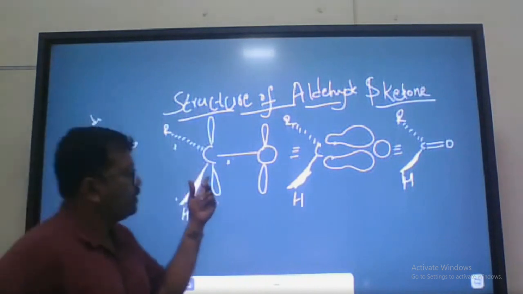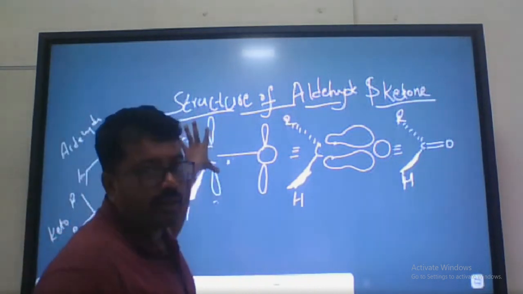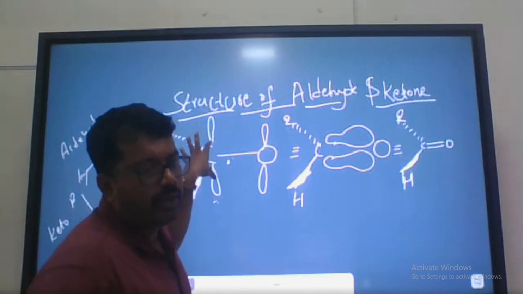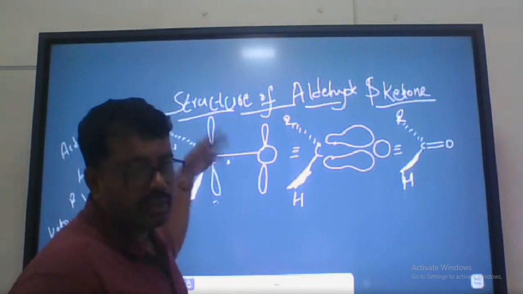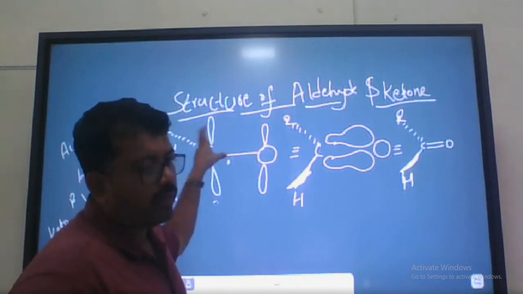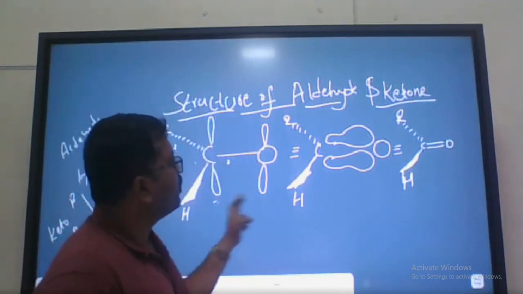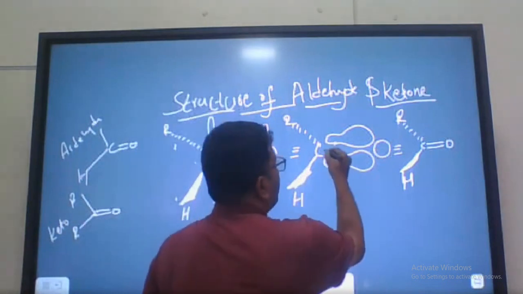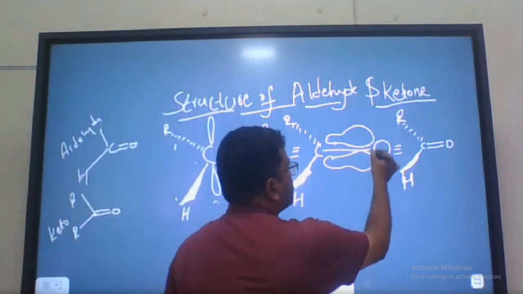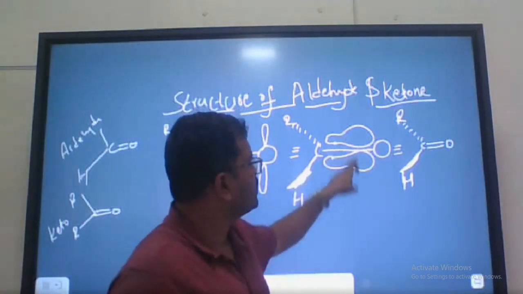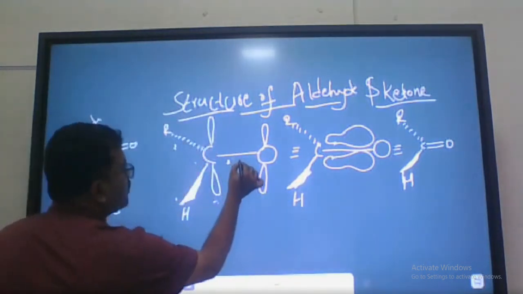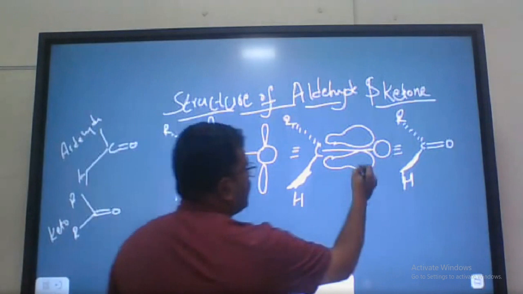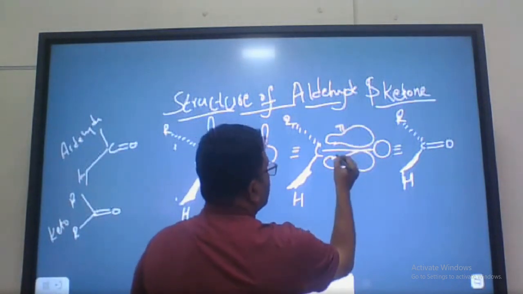See, this is the p orbital. The fourth valence electron in carbon remains in its p orbital and forms a pi bond with oxygen. This is the sigma bond, and this is the pi bond, and this is the sigma bond.